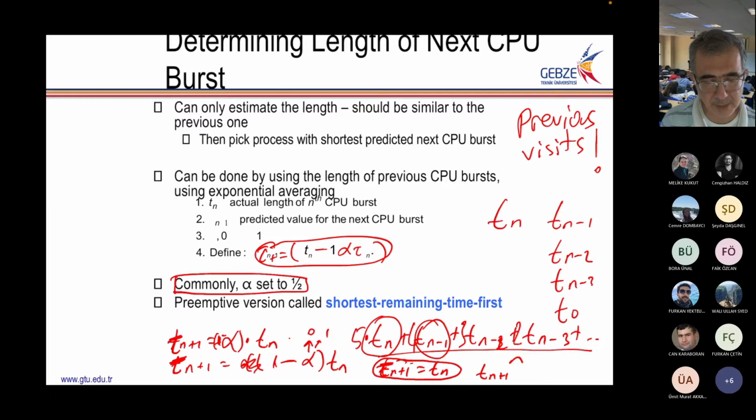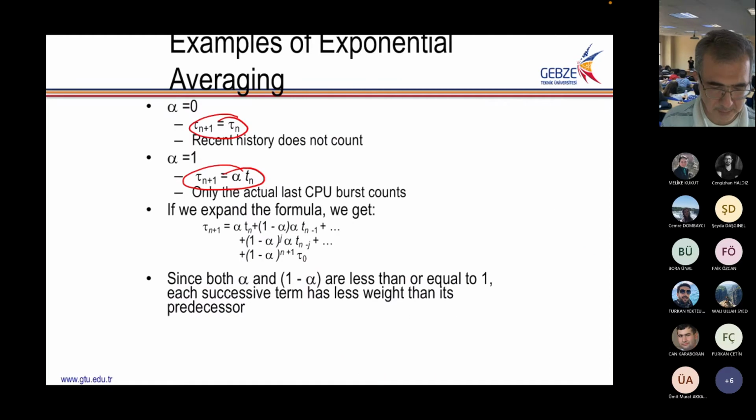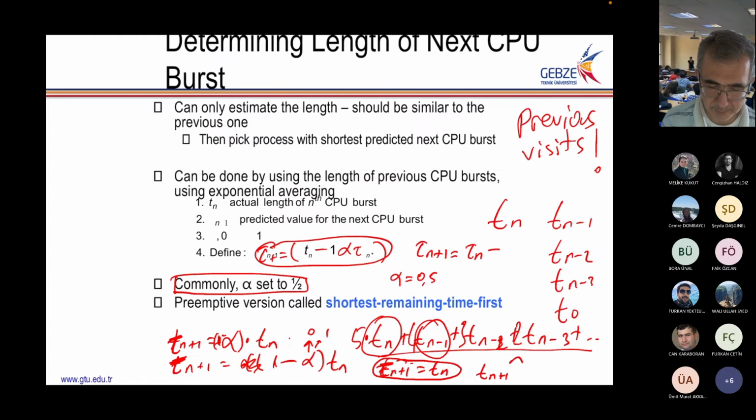Normally, when alpha is 0.5, tau n plus 1 is equal to 0.5 Tn plus 0.5 tau n.